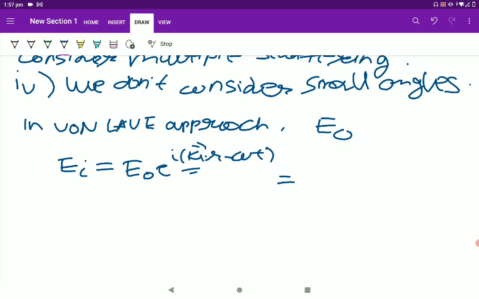Further simplifying it, we get E0 e^(i k_i r) multiplied by e^(-i omega t).